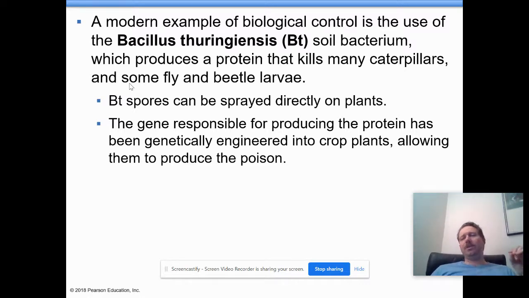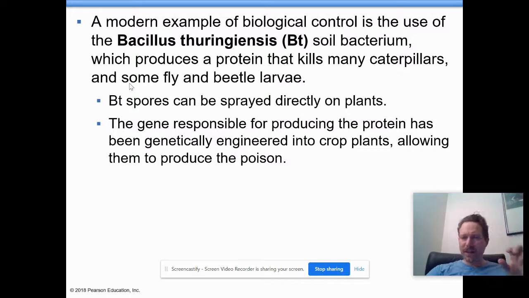A very modern or new concept is something called BT, or Bacillus thuringiensis, a soil bacterium. These particular bacteria produce a protein that can kill caterpillars and fly and beetle larvae. These can be sprayed on plants.